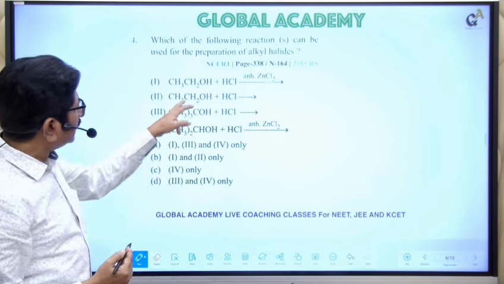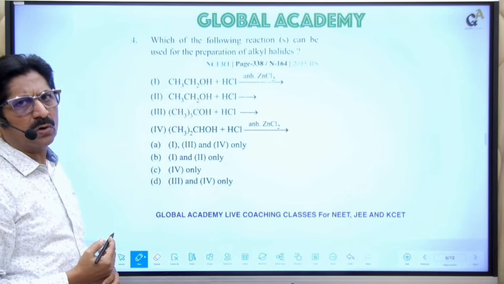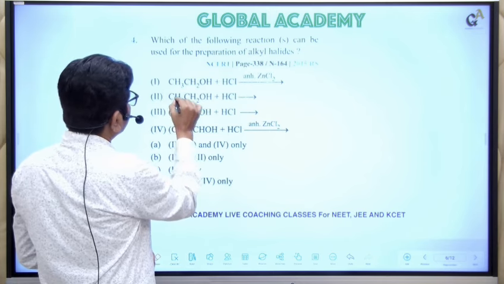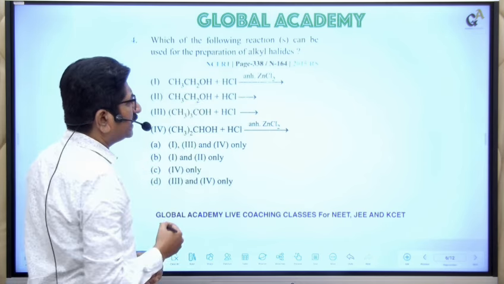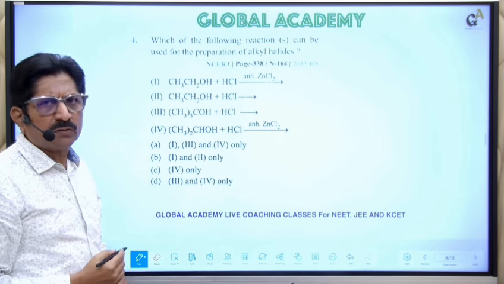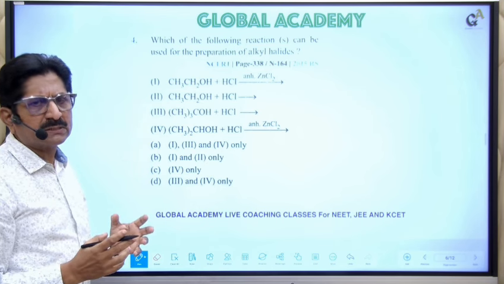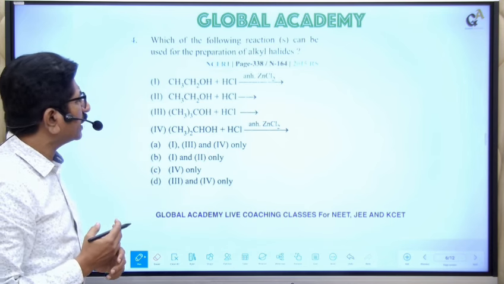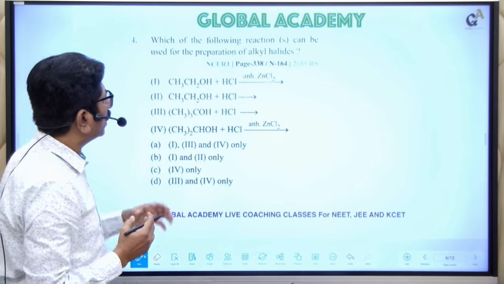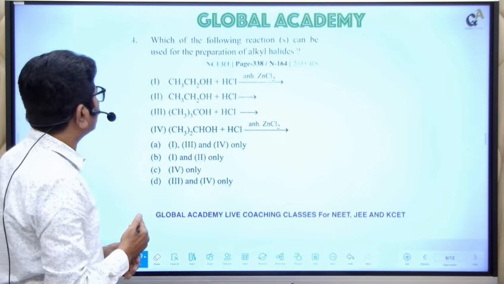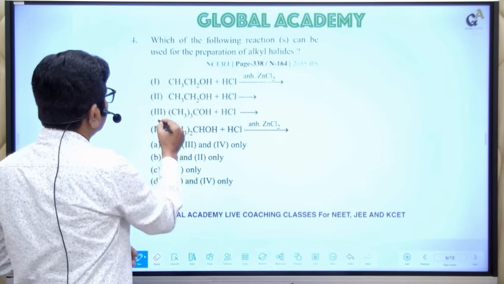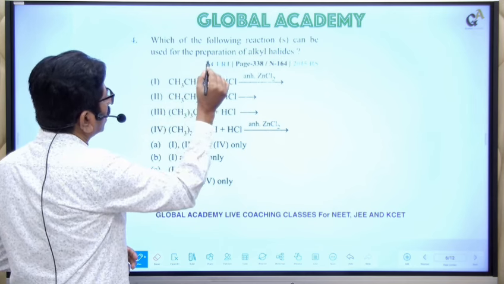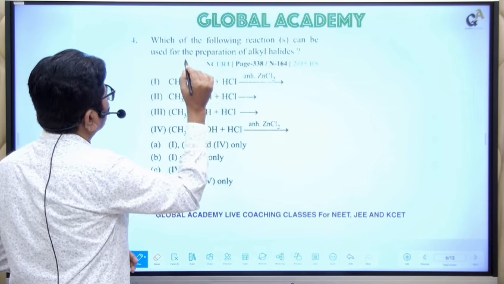And the second is also a primary alcohol with HCl. Now in this case, the second is actually not forming the carbocation, and hence all others are forming. Therefore, 1, 3, and 4 are used for the preparation.